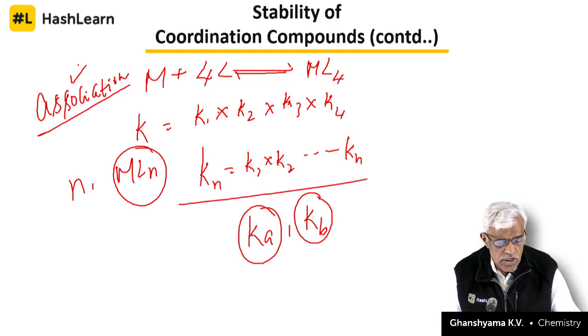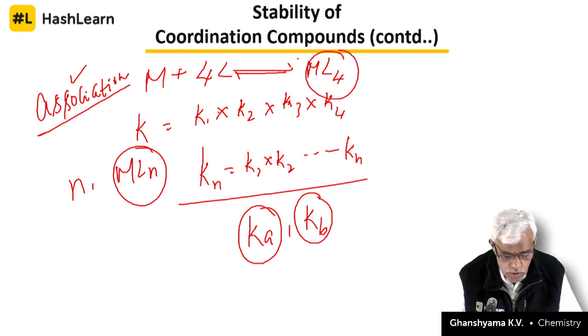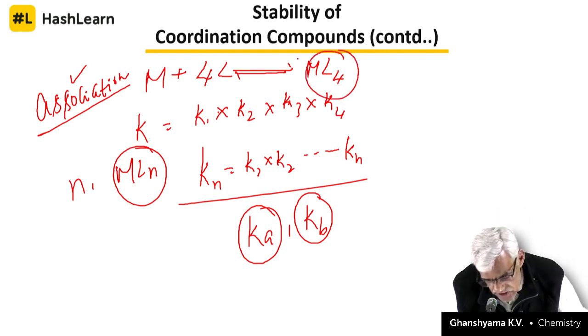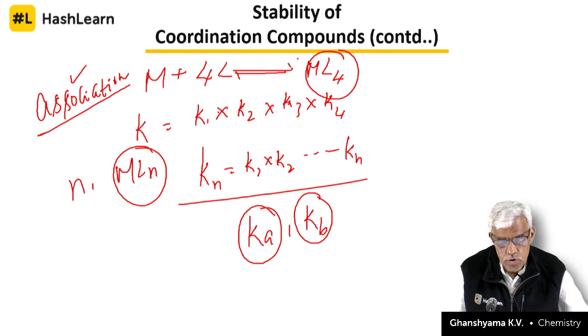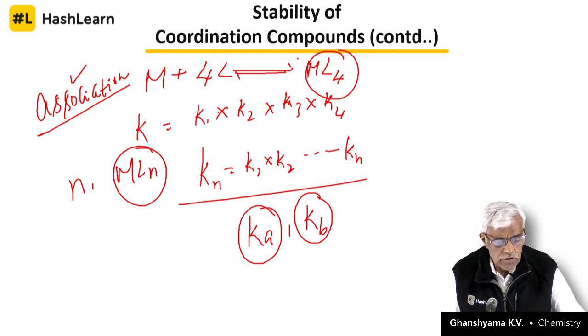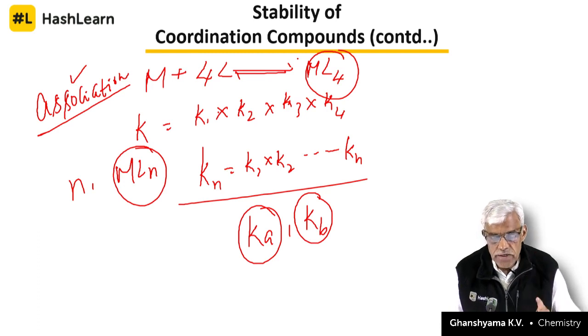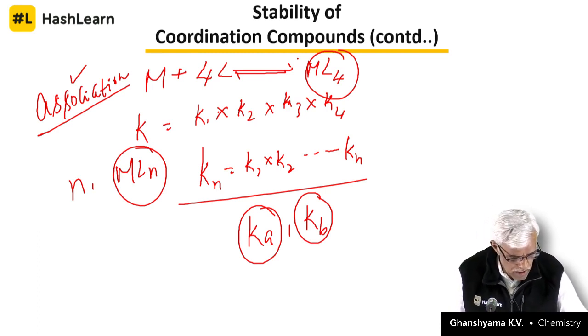If the association constant is more and more, stability of the coordination compound is more and more. So, the stability constant, or we can call it association constant, decides the stability of the coordination compound.